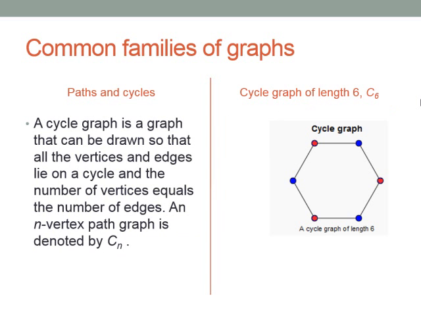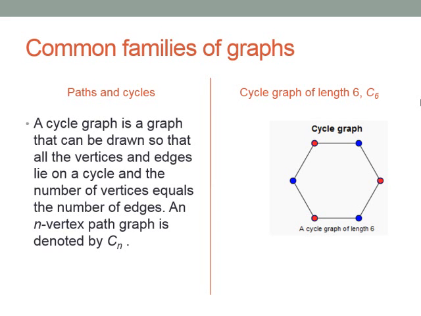The cycle graph we denote with capital C sub n. In the cycle graph, the vertices can be drawn in a circle, or in a cycle, and in this case, the number of edges equals the number of vertices.